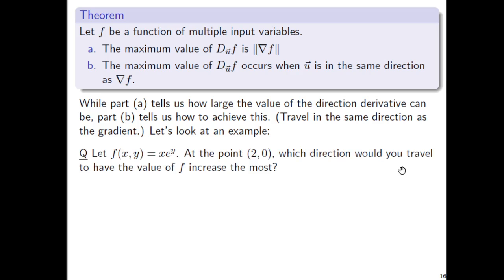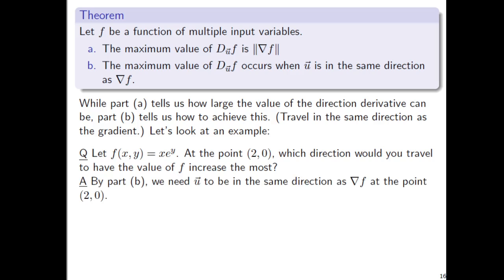So let's look at an example first. We have the function f of x comma y equals x times e to the y at the point 2 comma 0. What direction do you need to travel in to have the value of f increase the most? By part B, we need the u vector that we use for the directional derivative to be in the same direction as the gradient at the point 2 comma 0.